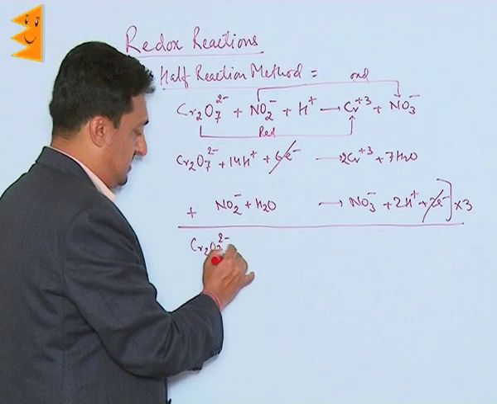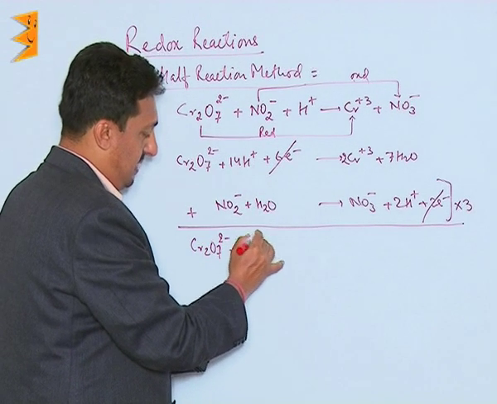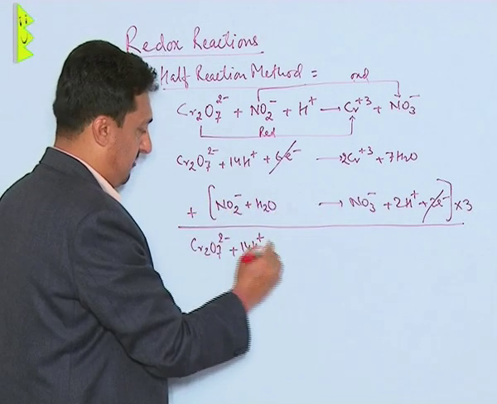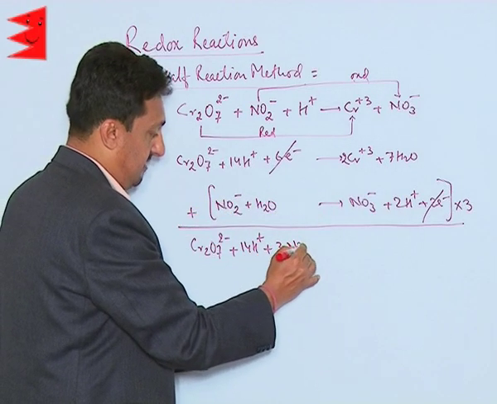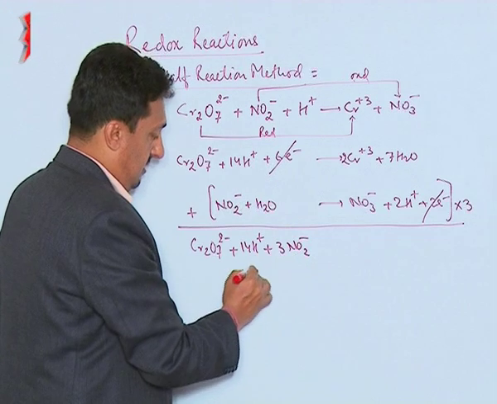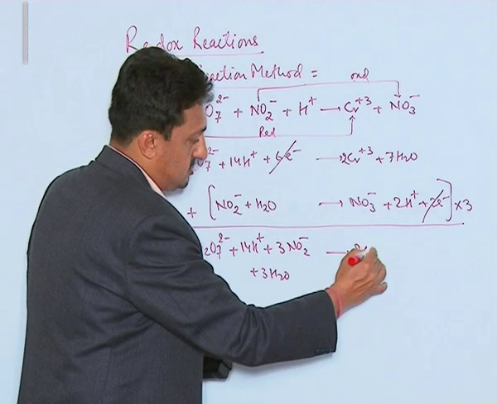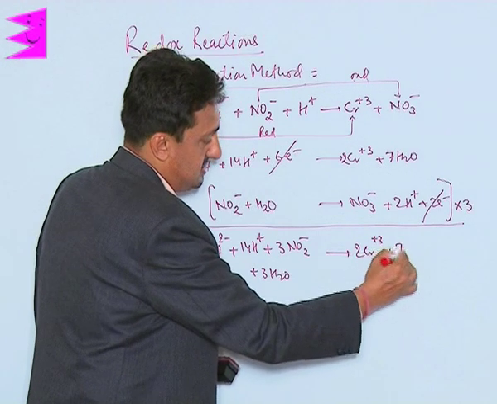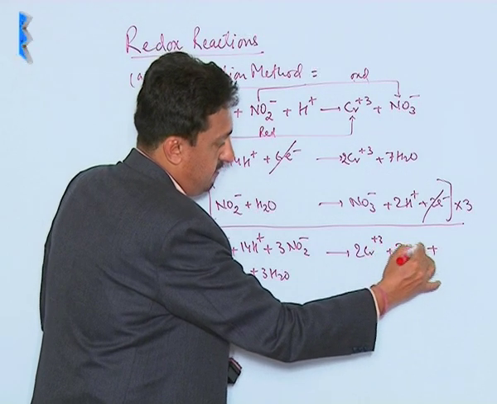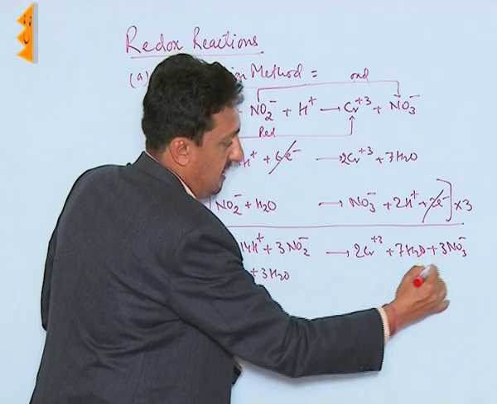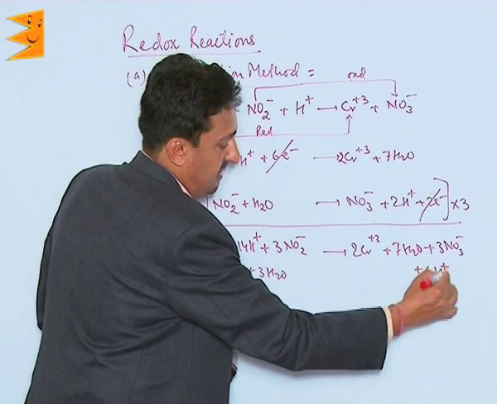What we can do is, it is now Cr2O7 2 minus 14H plus. Now this side, whole side gets multiplied by 3, so it will be 3 nitrite ions plus 3 water molecules changing into 2 Cr plus 3 plus 7 water plus 3 NO 3 minus ions and plus 6 H plus.